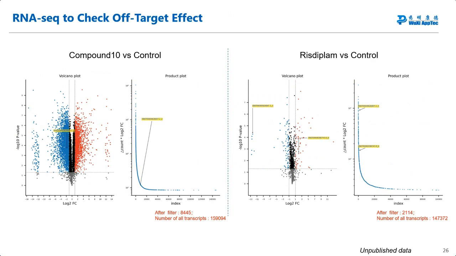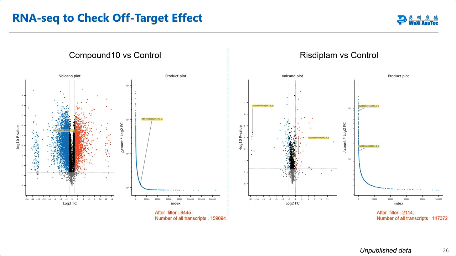We then looked at other genes. From these plots, compound 10 resulted in many more regulated genes, with a fold change of 2 as the cutoff. When we consider both the fold change and the meaningful copy count change and set up the filter, we can see that compound 10 changed more than 8,000 genes, while risdiplam changed only more than 2,000 genes.